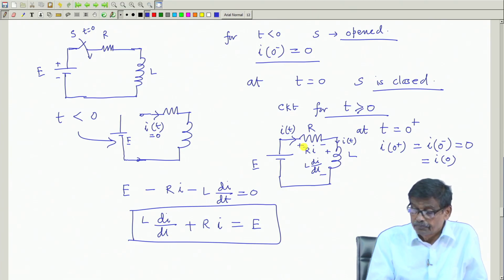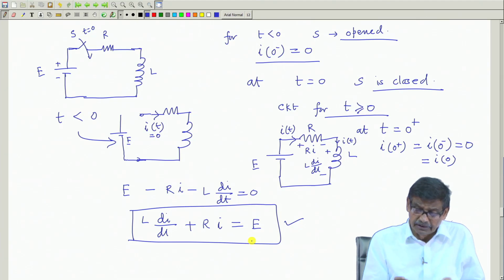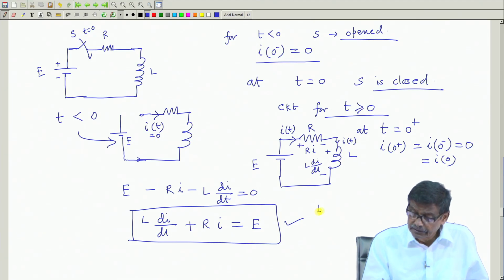So, write the voltage drops meticulously and correctly, write down the KVL here, you get this equation. Now, how to solve this equation? This is a first order linear differential equation.